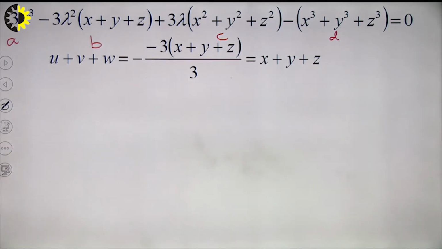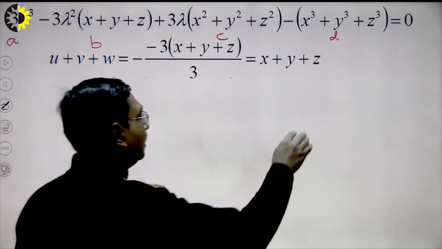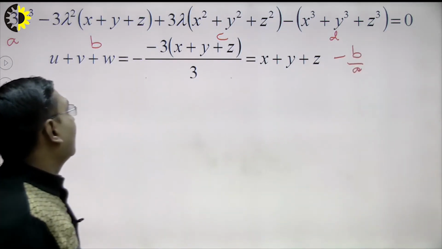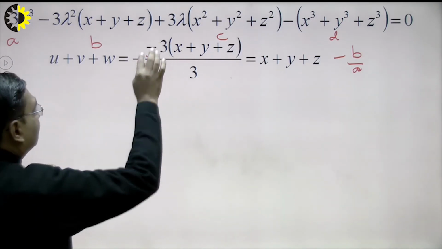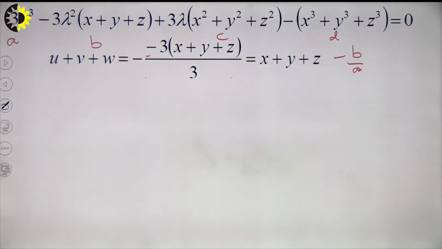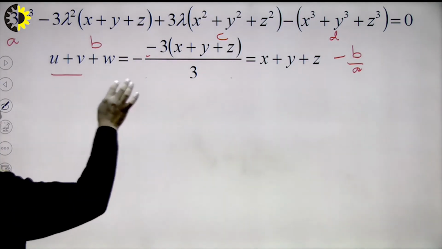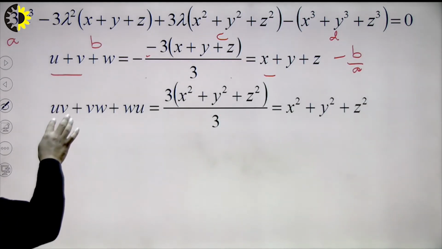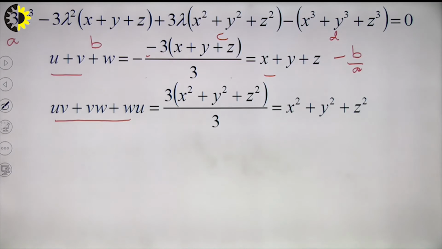Now, u plus v plus w is minus b by a. The value of b is minus of 3 times x plus y plus z. Value of a is 3. So, u plus v plus w will be x plus y plus z. Now, uv plus vw plus wu.